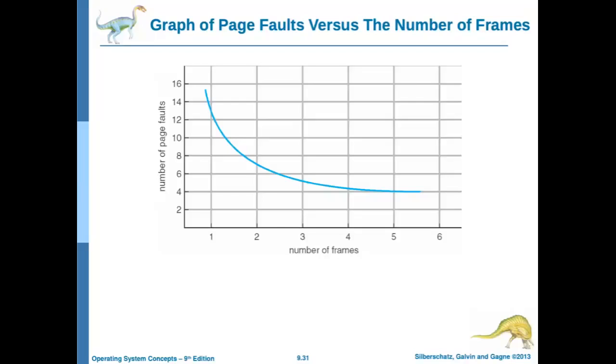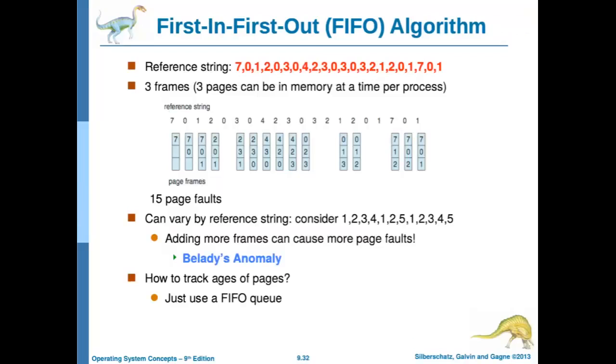Now let us start the algorithms. The very first algorithm is the FIFO algorithm. First in, first out. As the name suggests, whichever page was loaded first will be taken out. Now let us see the example here. Assume that this is the reference string, and we'll assume that for a particular process 3 frames have been allocated.